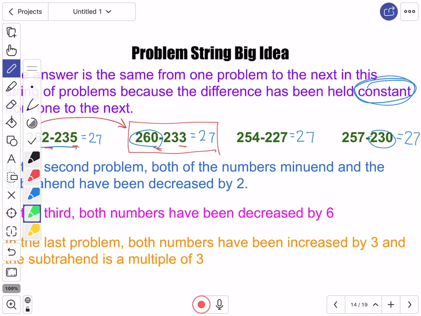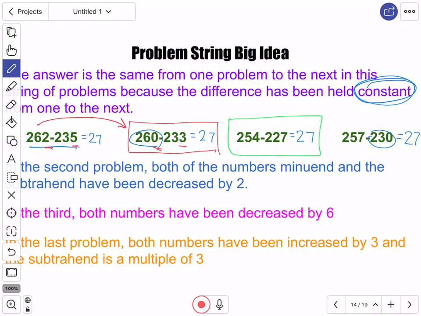Now when you look at the third problem, 254 minus 227, both numbers have been decreased by 6. So if I go from 262 to 254, that's taking away 6. If I go from 235 to 227, again, taking away 6. So you'll notice that, again, my answer is 27.